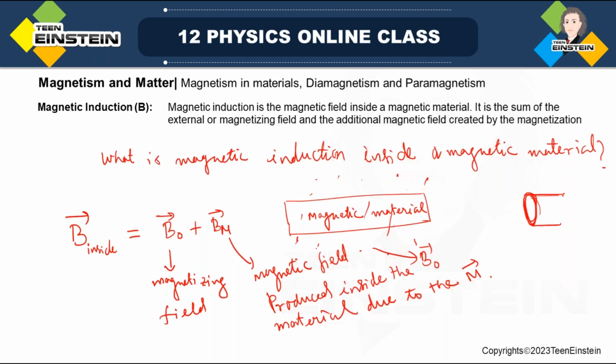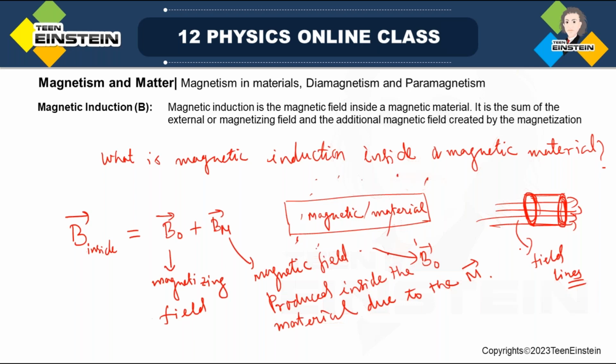Magnetic induction is defined as the number of magnetic field lines passing through its cross section perpendicular to the direction of the magnetic field. So these are field lines. So that is another way of defining magnetic induction.